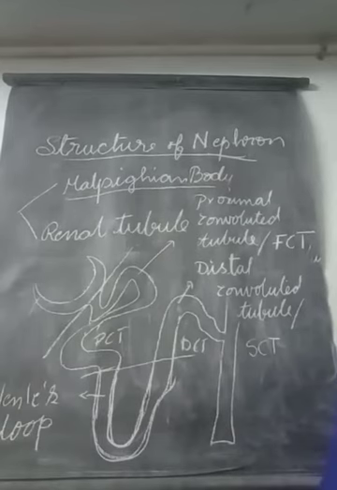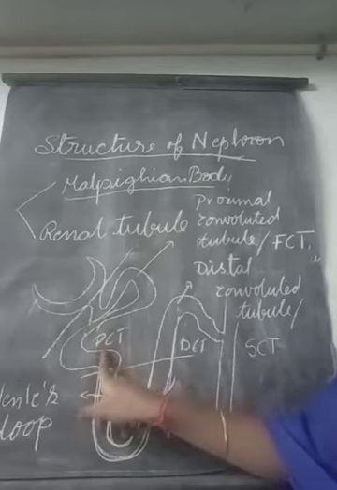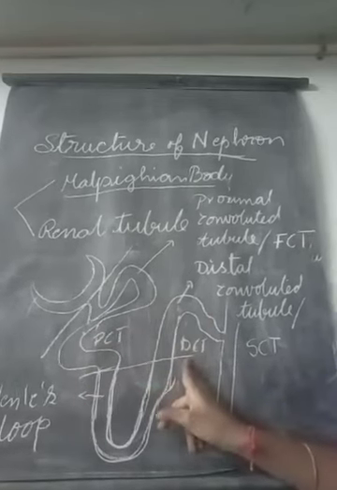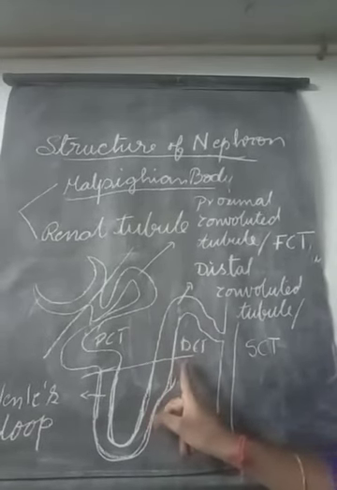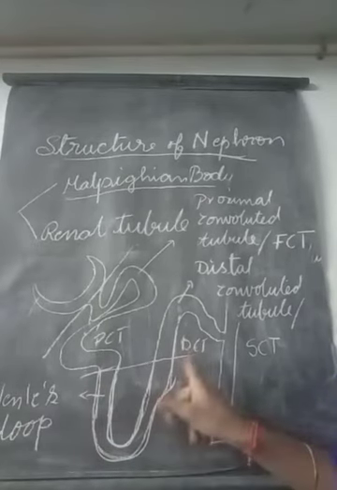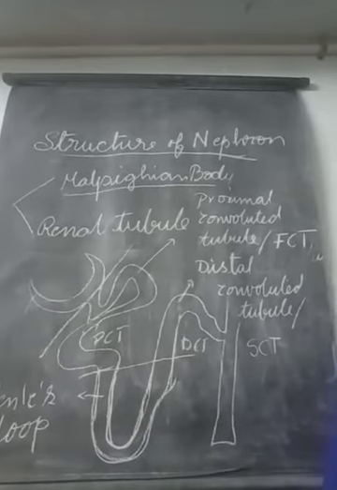Did you understand? So these are the three main parts of the renal tubule. First one, PCT, proximal convoluted tubule. Back one is called DCT, distal convoluted tubule. And the U-shaped part is called Henle's loop.